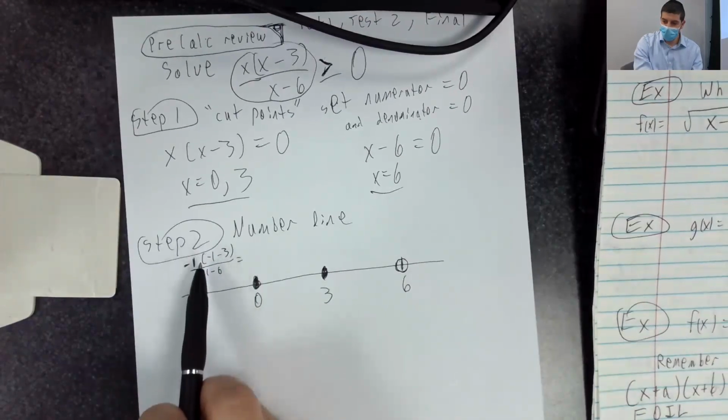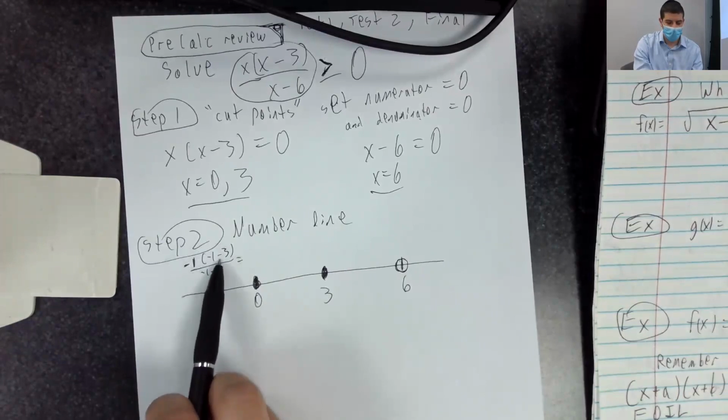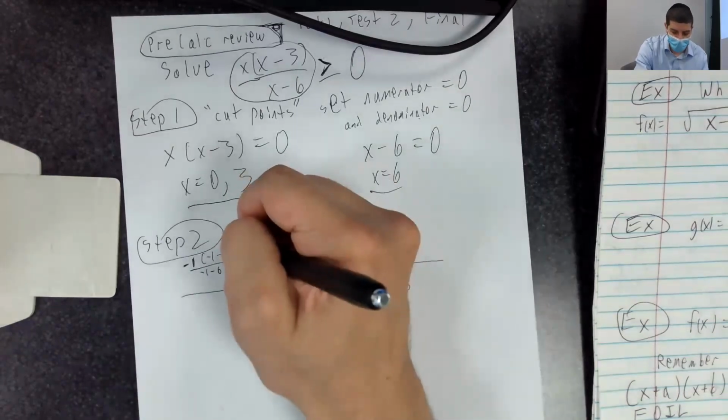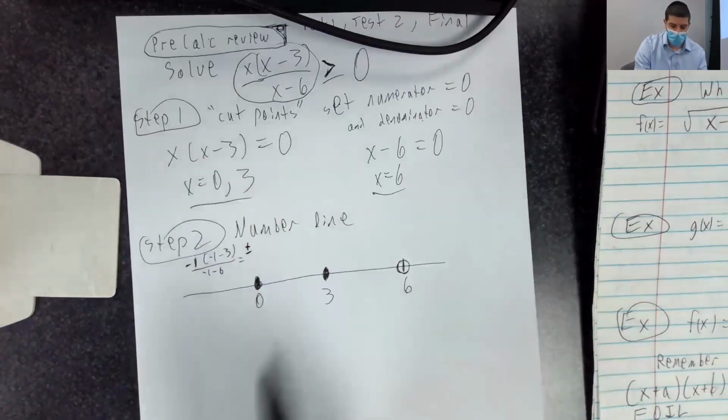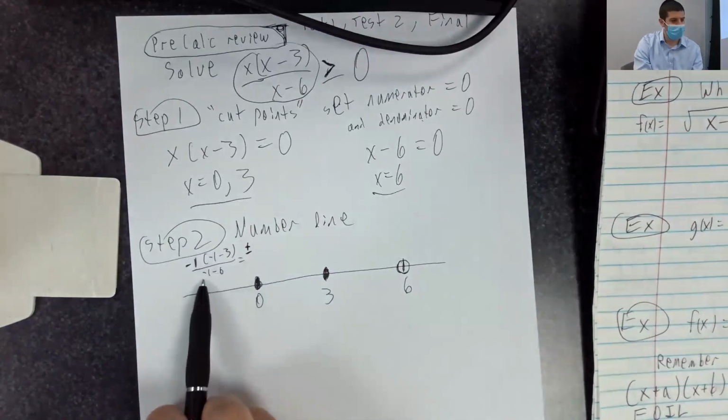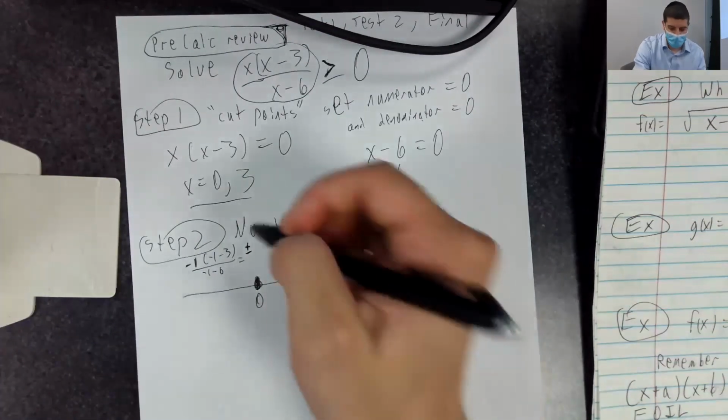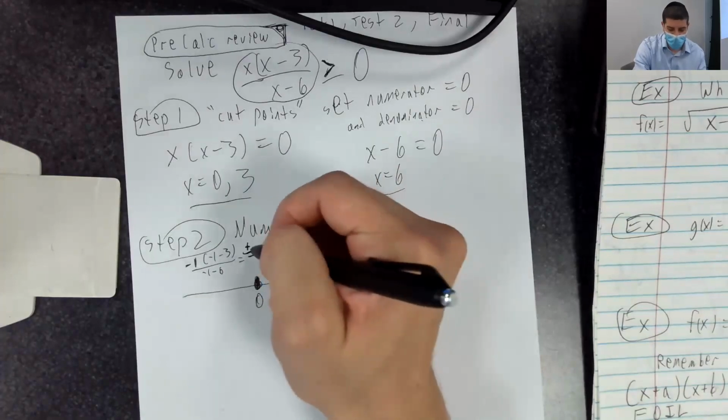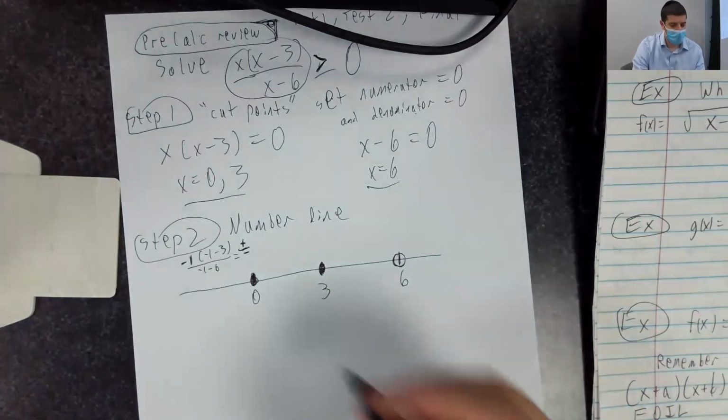What do I get in the numerator? 4. Divided by -4. So the numerator is positive or negative? Positive. Divided by positive or negative? -1 minus 6 is negative. What's a positive divided by negative? Negative.